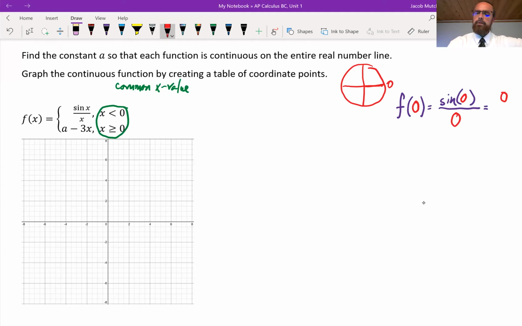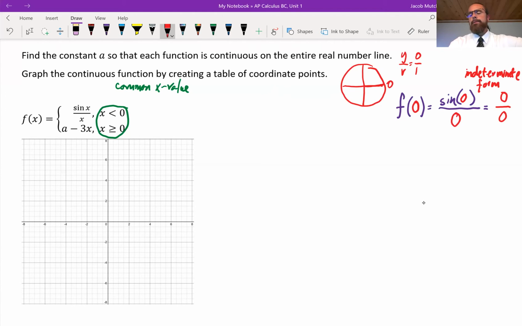So the y value is 0 and the radius is 1. So the sine value at 0 is 0 over 0, and that's a big problem. That's an indeterminate form. I've got 0 divided by 0. The numerator 0 is okay, but the denominator one is undefined.